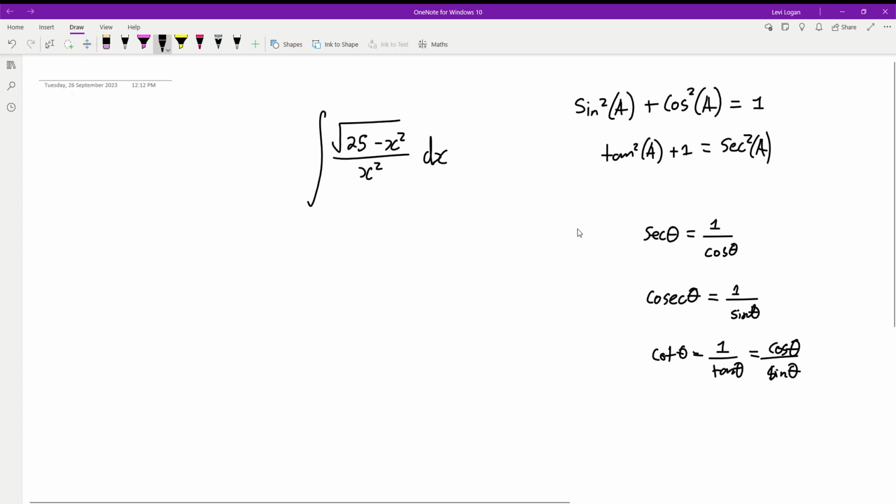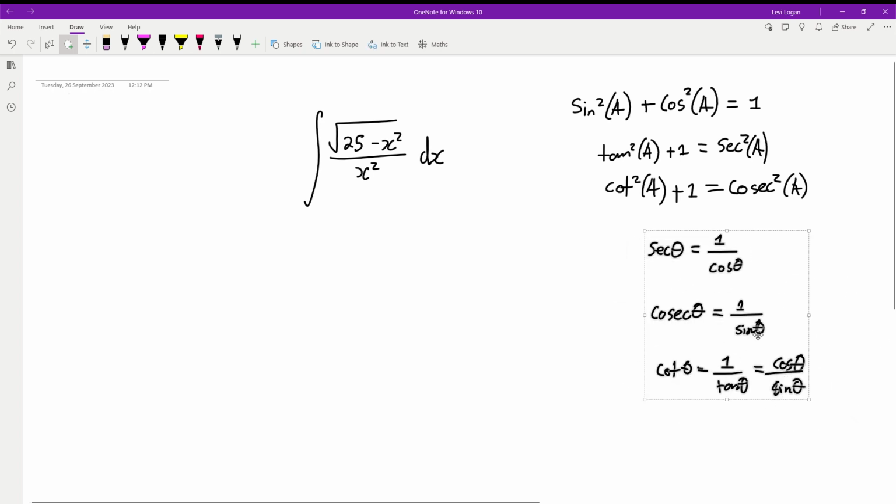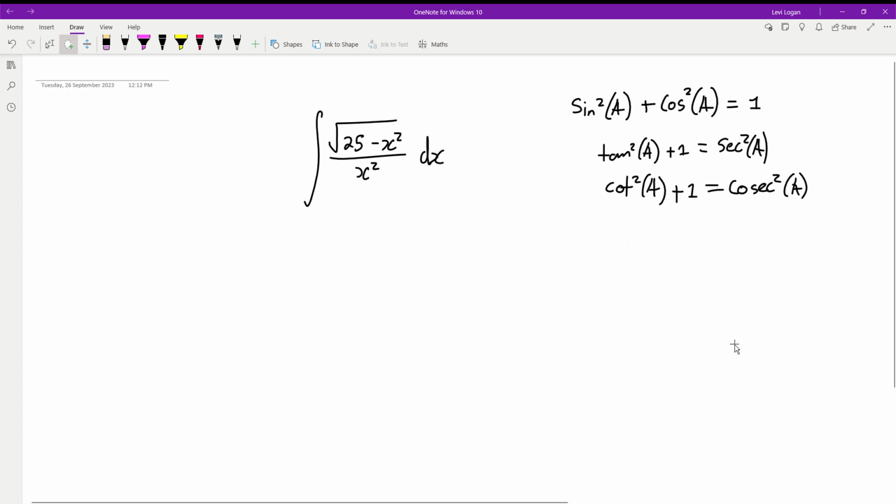And then the third one that can be very useful as well is cot squared of an angle plus 1 is equal to cosec squared of an angle. So these are just some common identities. Here's pretty much some definitions. You probably should know that before going into this, but these are the identities we'll be using to break down our trigonometric expression here.